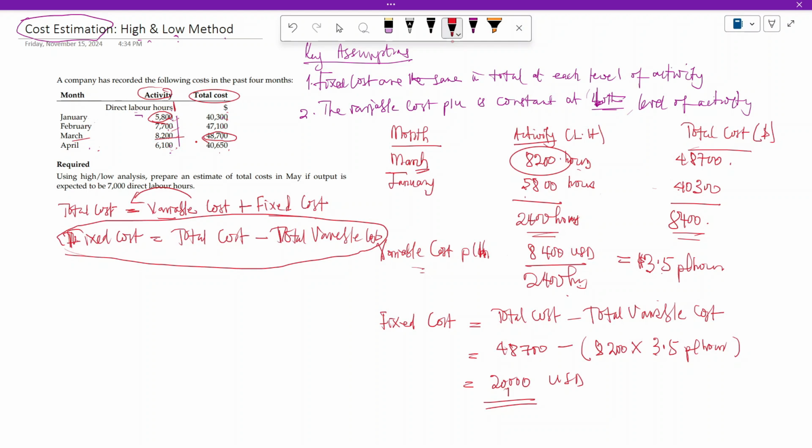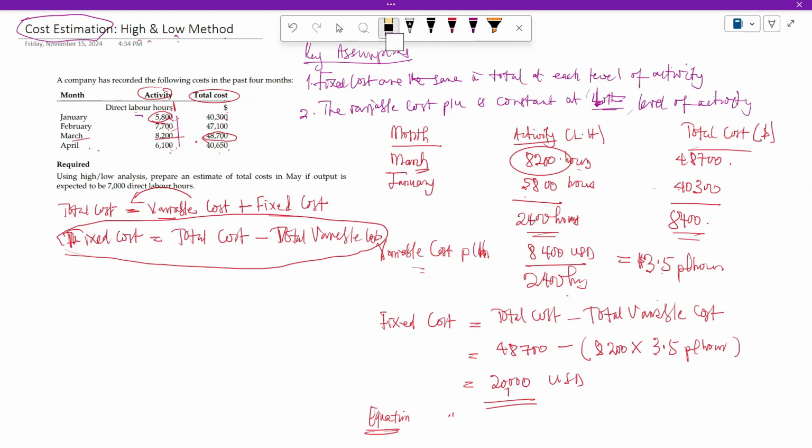So we are going to write an equation here for the cost function. Sorry, let me write it well.